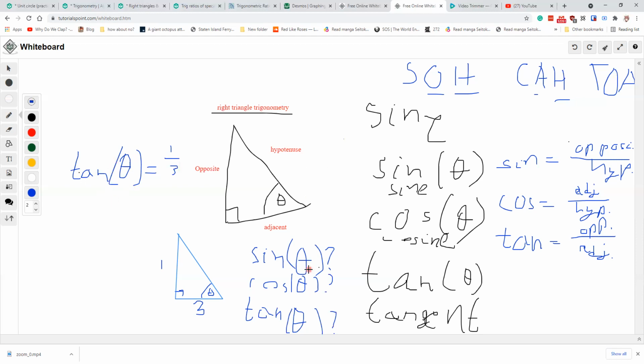Now, for sine and cosine, we know the opposite and adjacent, but we don't know the hypotenuse just yet. And so what we would use is something we call the Pythagorean theorem. What is the Pythagorean theorem?